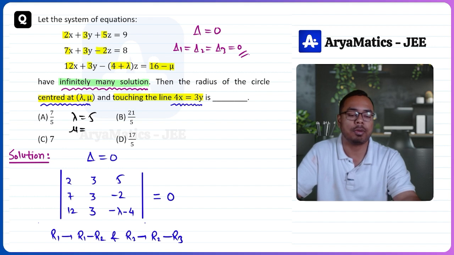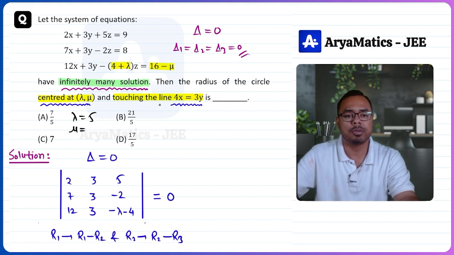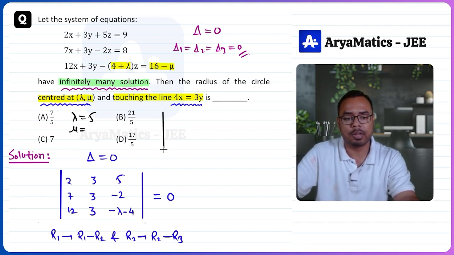We need lambda and nu, so we have calculated lambda, this is 5. Now let us try to calculate nu, and for calculating nu, we can equate either delta 1 to 0, or delta 2, or delta 3, any one we can equate to 0. So maybe we can equate delta 3 to 0, right? Because in that way we'll get rid of this third column. So if I equate delta 3 to 0, the first column will be 2, 7, 12.